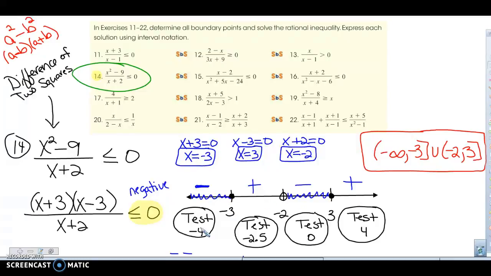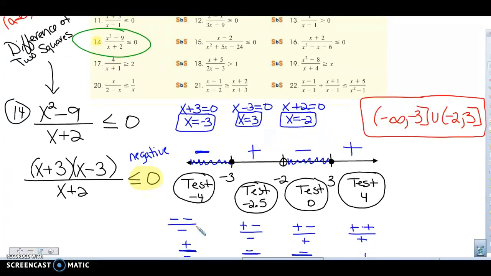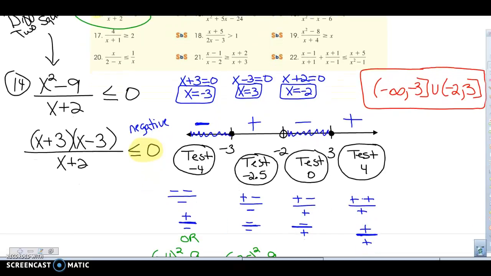You choose a test point, you plug it into the problem, and you see whether or not you get a negative or positive value. So these are the test points that I chose. I've circled each one of them. This time when I worked out the problem, instead of actually calculating the value all the way, I just wrote down whether or not it would generate a negative or positive.